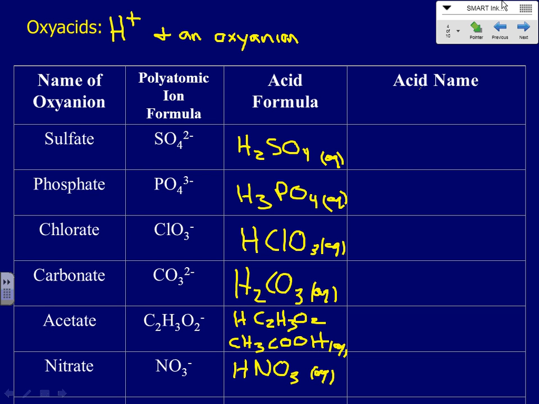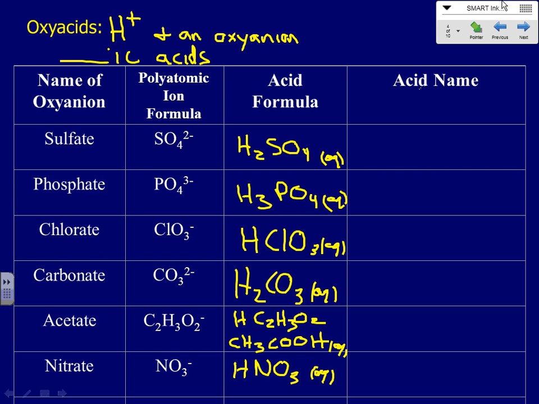Even though these molecules look more complex than the binary acids, which are very simple, 2 atoms, the names of these are very simple. I call these the blank-ic acids. They're not the hydro-blank-ic acids.